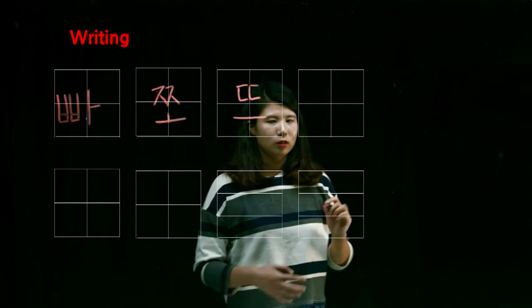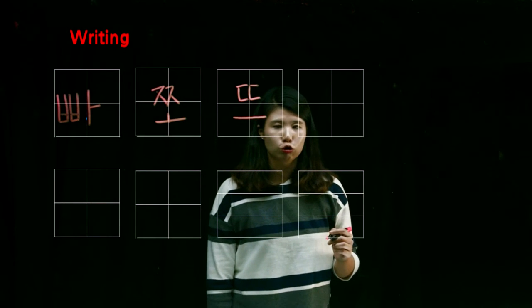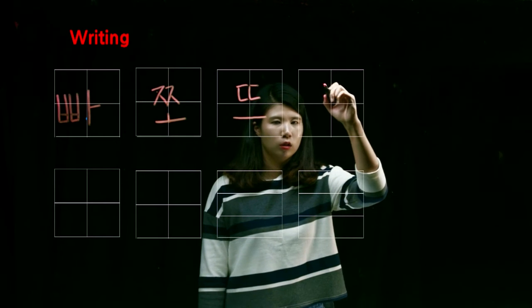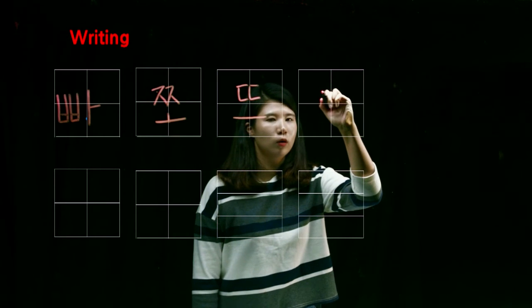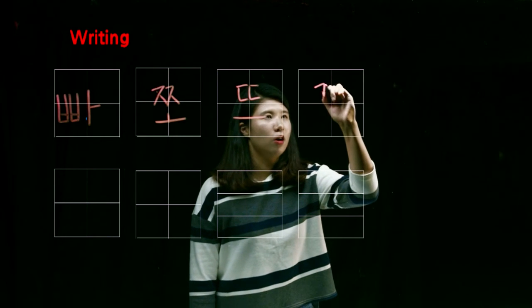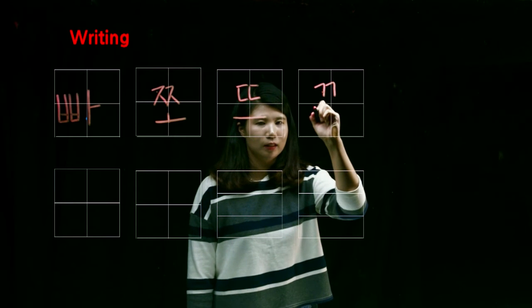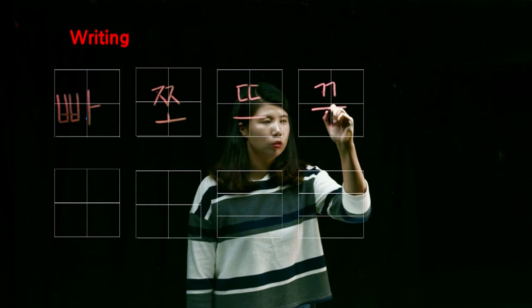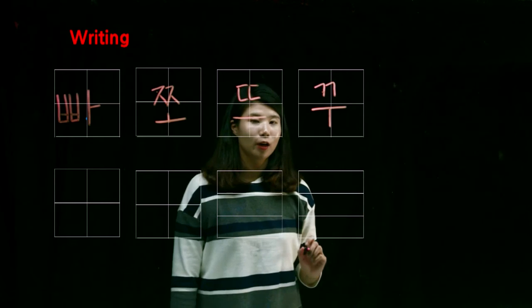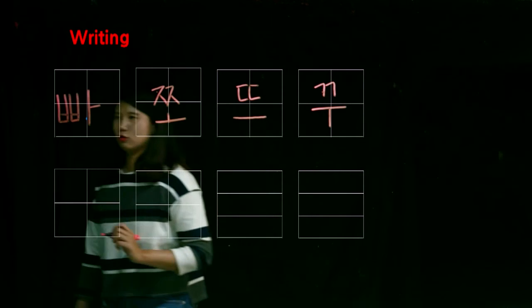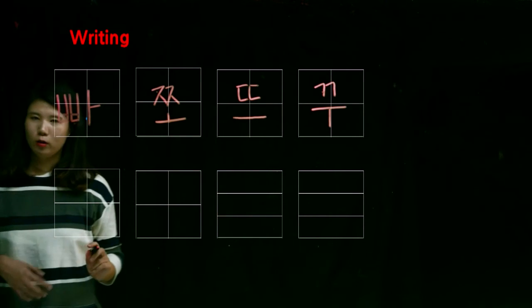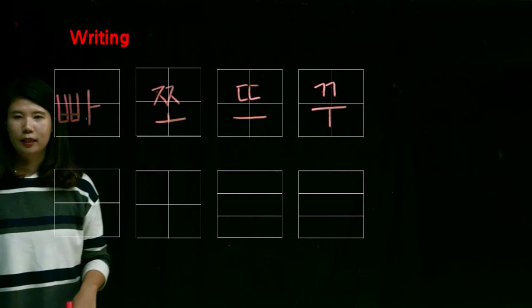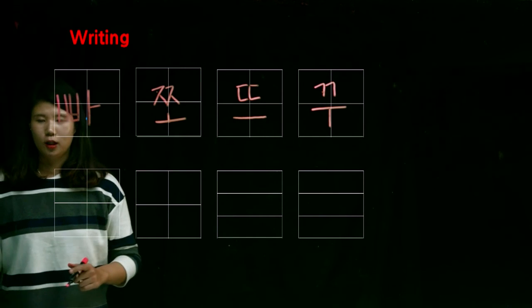Last one with a double consonant is 꾸. So, it will be 쌍기역, 끄, and 꾸. Okay. Now we are going to try writing syllables with final consonants.